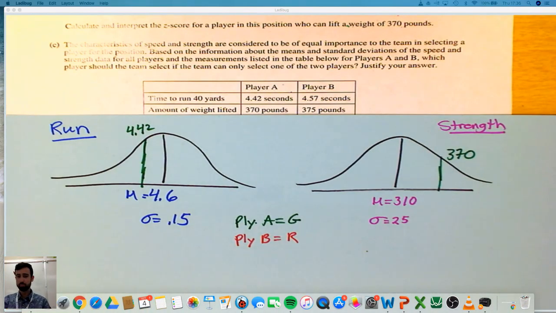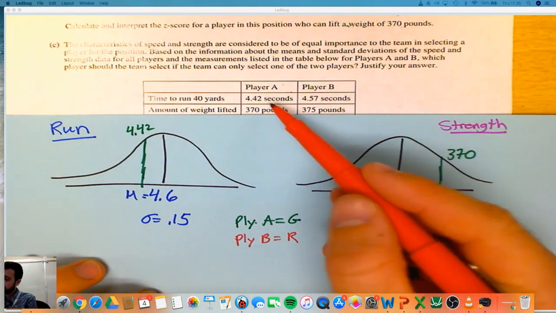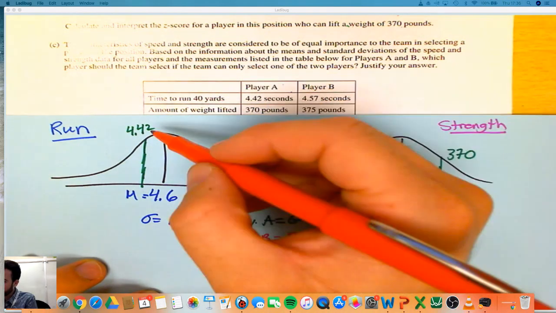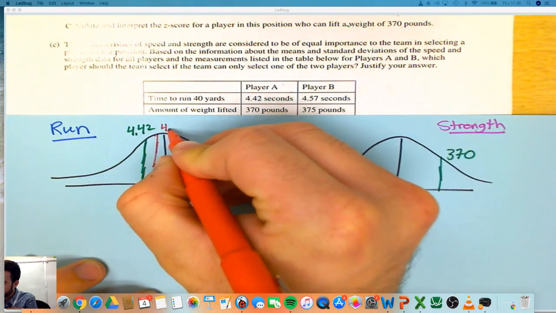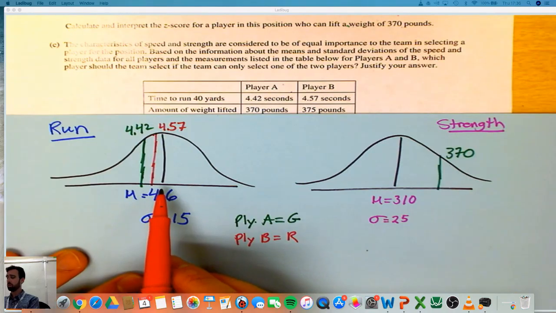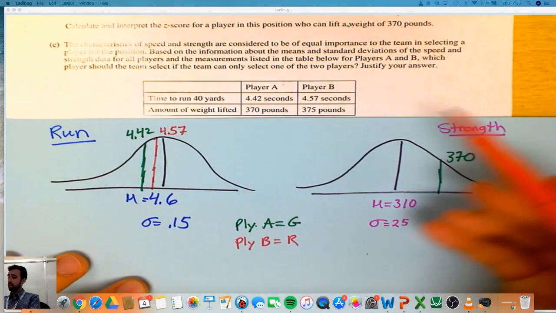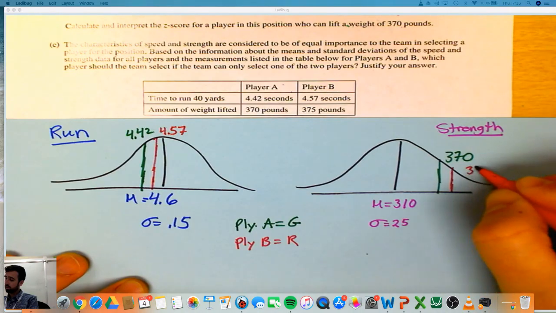Player B had 4.57, which again is going to be closer to our average. But he could lift, or she could lift, 375.